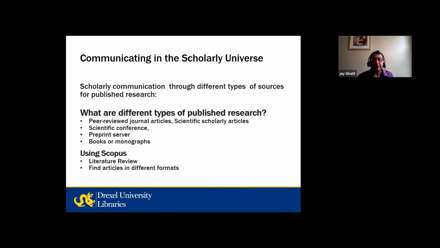So this will be a great experience for all of you to understand how Scopus works, and at the same time how you can discover these peer-reviewed journal articles, scientific conference papers, and so on. In today's discussion, we are mainly going to be focusing on journal articles and scientific conferences, but Scopus can find all of these as well. And it can be used to do a very thorough literature review and find articles in different formats.